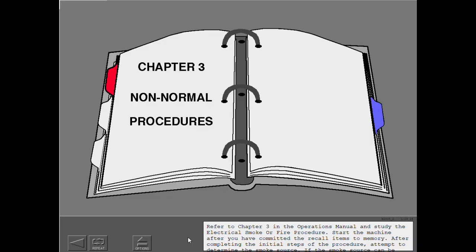After completing the initial steps of the procedure, attempt to determine the smoke source. If the smoke source can be determined, remove electrical power from the specific components affected.